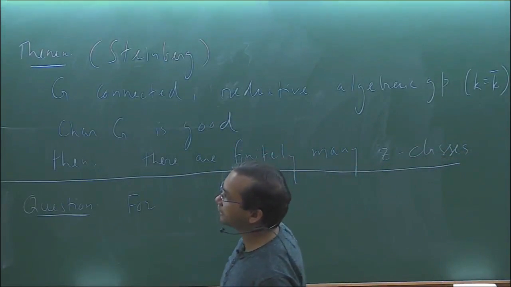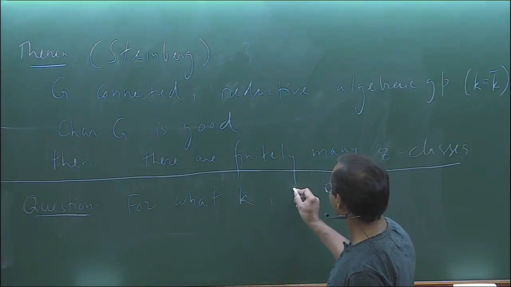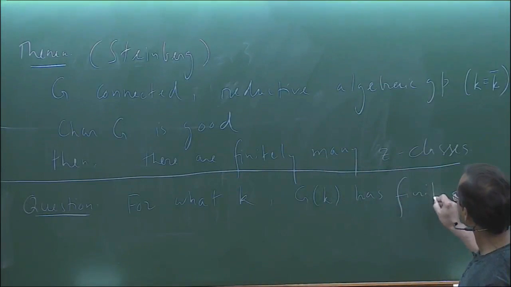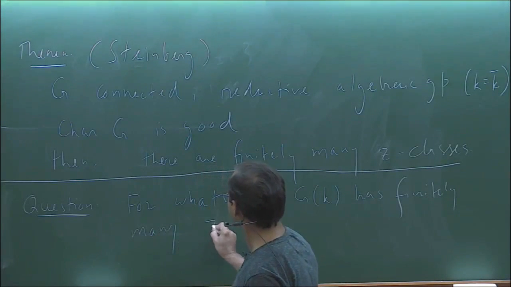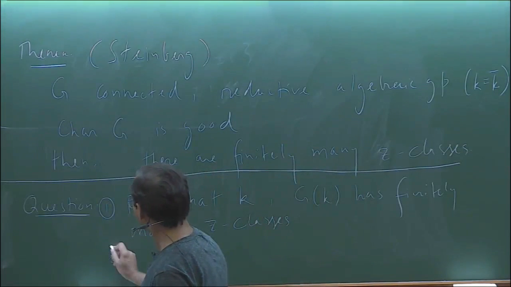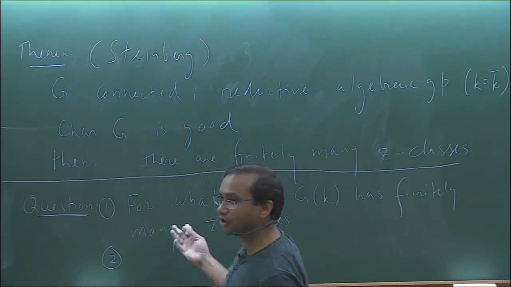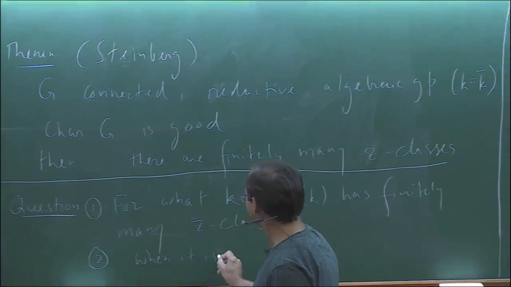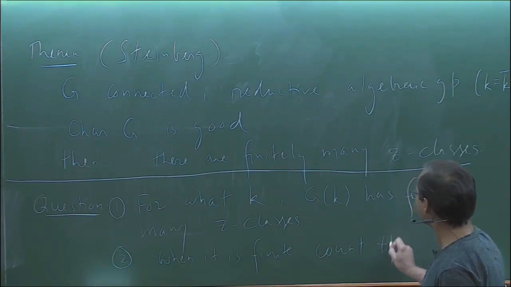When can we say there are finitely many G-classes? That is, for what K does G(K) have finitely many G-classes? That's one. And as we know from finite group theory and representation theory, it's important to count these numbers. So when it is finite, can we count the precise number?